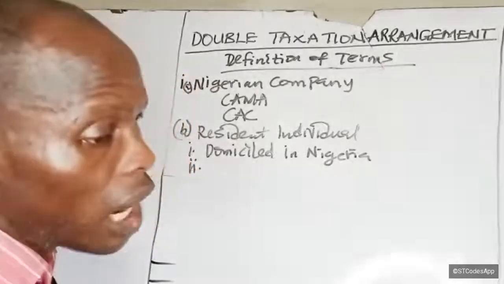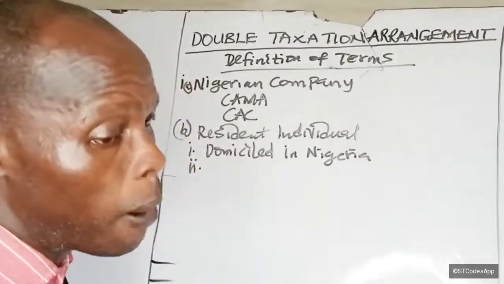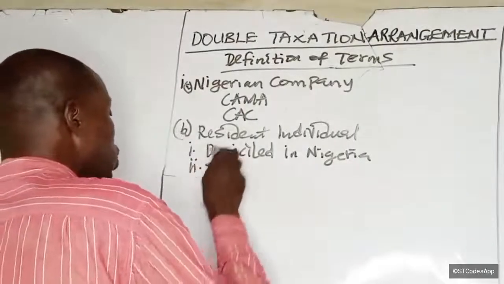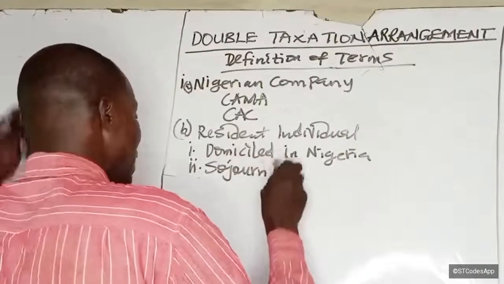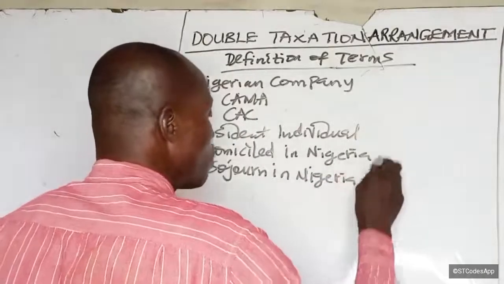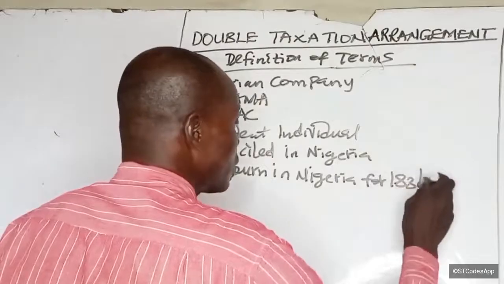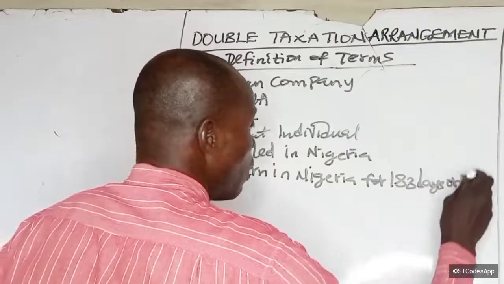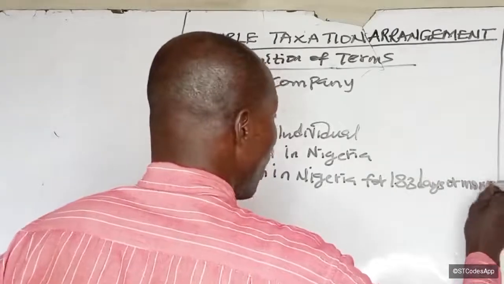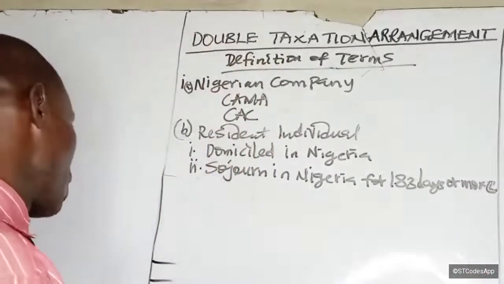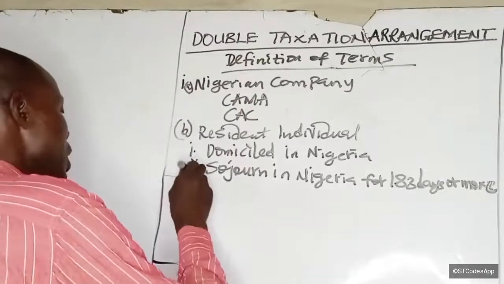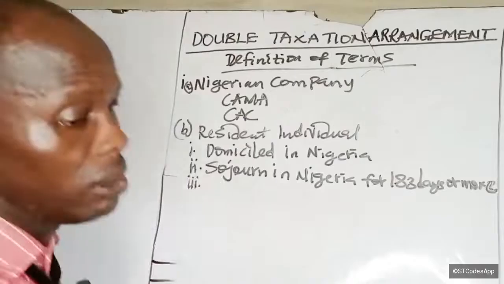Then, if such an individual sojourns in Nigeria for 183 days or more, such a person is said to be a resident individual.